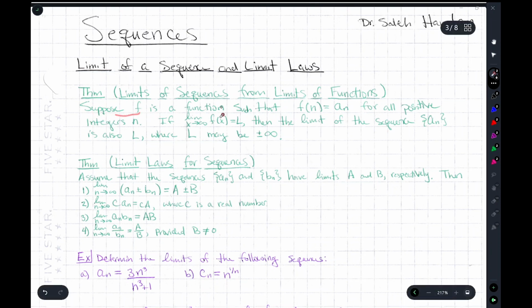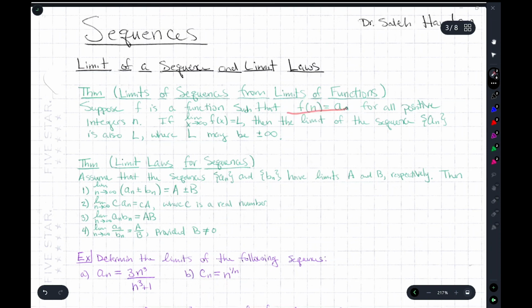So suppose f is a function such that at the integers, okay, so f could be a real function with the domain of the real numbers, but at the integers n, f(n) is equal to a sub n, okay? In other words, this is an explicit formula for a sub n, but outside of the integers, you would just have a regular x value.